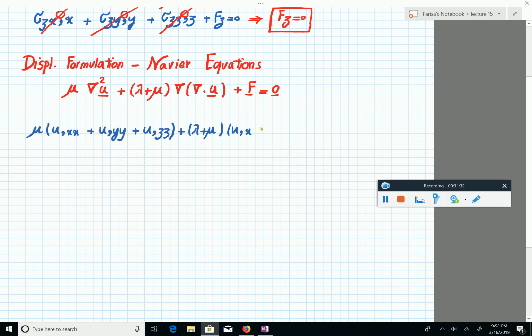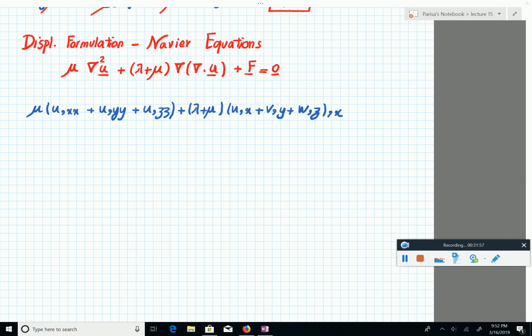So we have u comma x plus v comma y plus w comma z, then comma x, plus fx equal to 0.